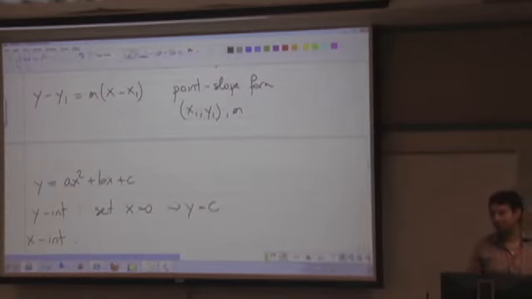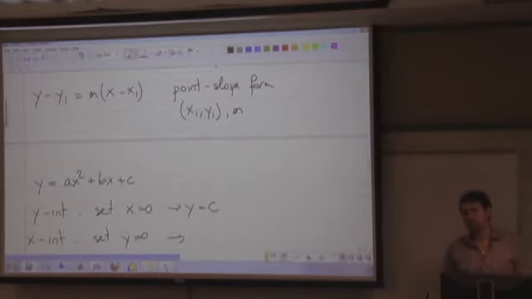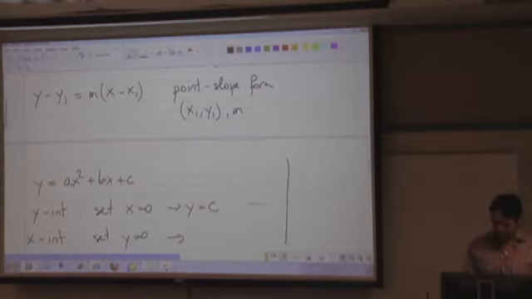How do you get x-intercepts? You set y equal to 0. Is everybody remembering why this is the case? X-intercepts happen when your graph crosses the x-axis. What is the value of y when the graph is on the x-axis? It's 0, right?